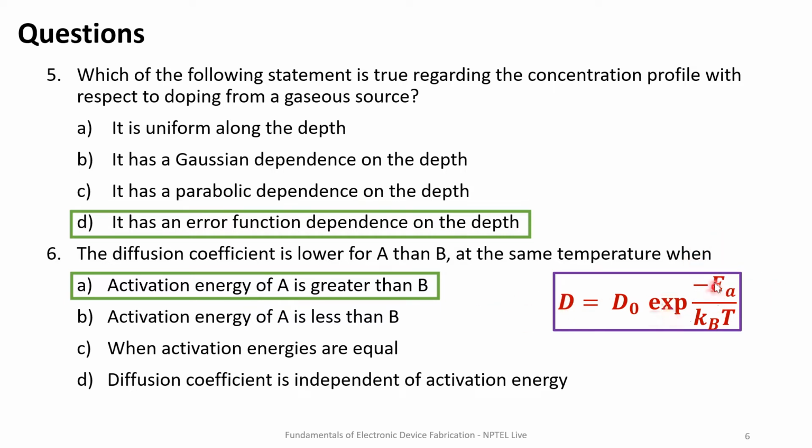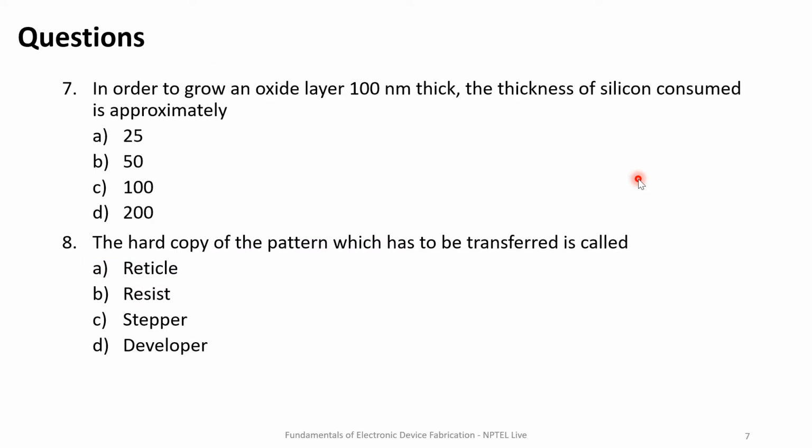Since it is an exponent of a negative term, as this particular thing increases, D will decrease. Therefore, activation energy of A is greater than that of B. So I hope that's clear for all of you. So I guess that's it. And now we'll move on to the next question.